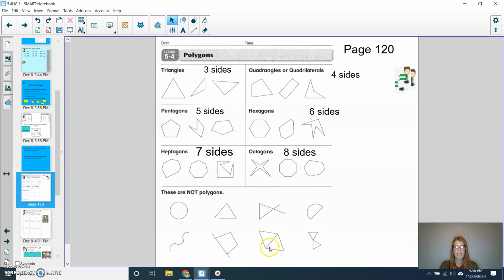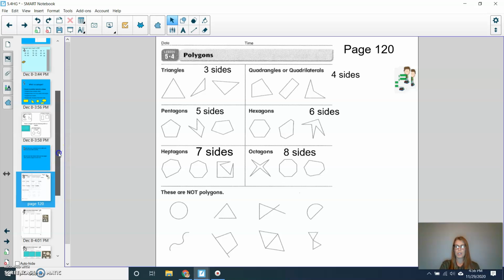Same thing here with this line in the middle. If it didn't have this line in the middle, it could be a polygon. Here we have some extra on the side. If we didn't have these end parts, it could be a polygon. And then this is not a closed shape. So these are some things that are not polygons.